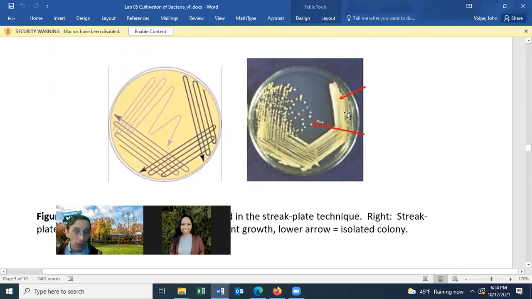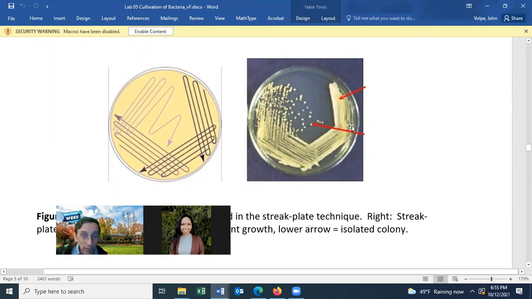And it'll have a whole lot of bacteria cells in it. And then you sterilize the loop, and then you do streak 2 or quadrant 2, and you streak it out on the plate. You actually shouldn't come all the way down to here. You should only come maybe this far to do quadrant 2.